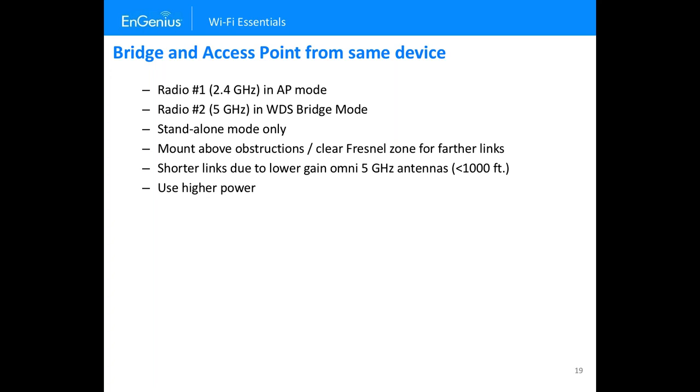But you can do that. With two omnidirectionals, I've seen people try this with ENH1750s. They'll have them both, now these are omnidirectionals, both in WDS bridge mode talking to each other. I'd say probably 500 feet or less typically for bridging.